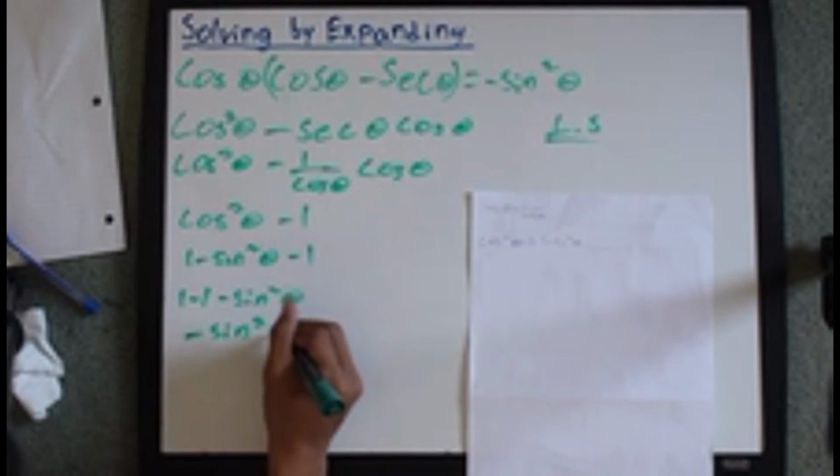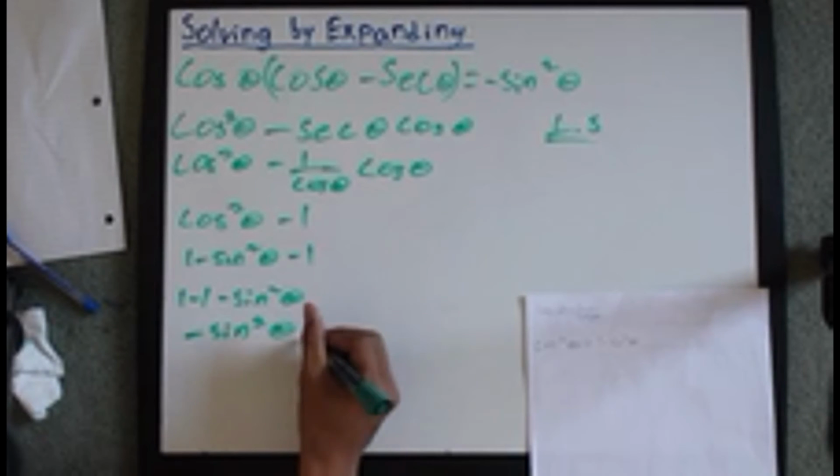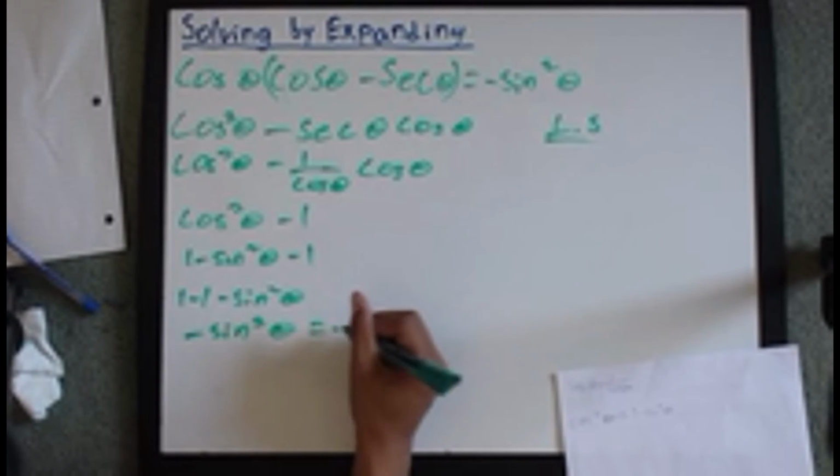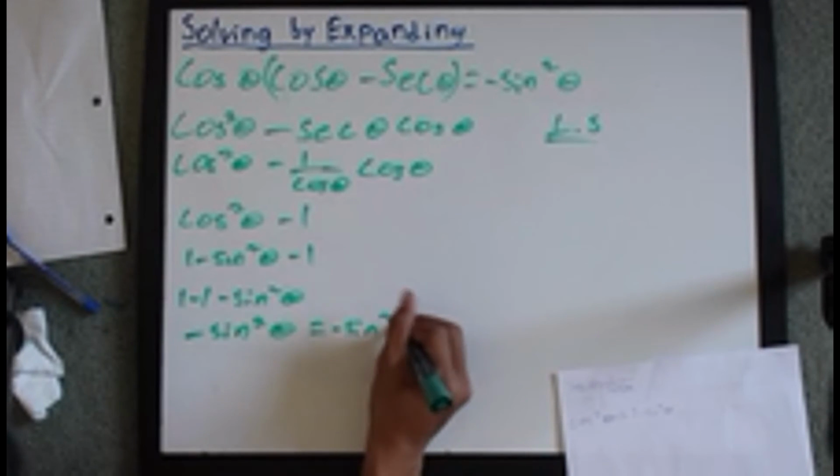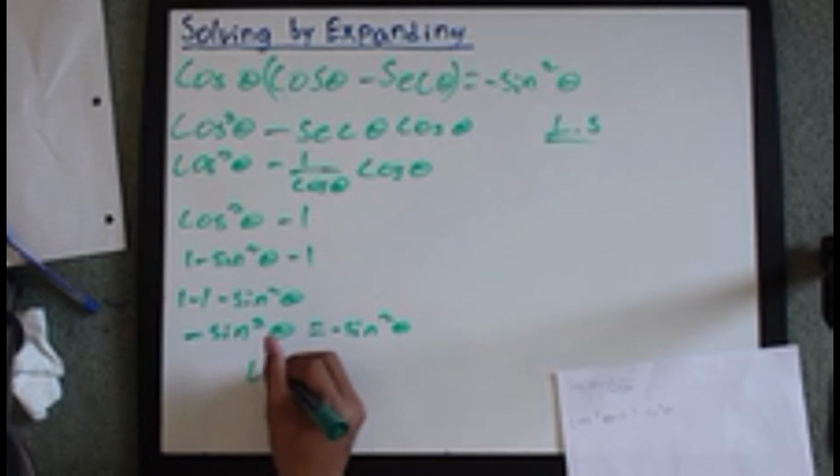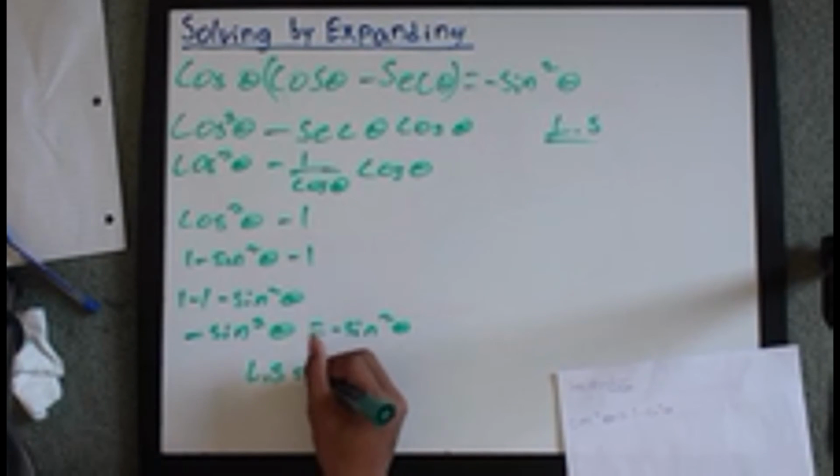So you just rearrange the equation. 1 minus 1, which is equal to 0, minus sine squared theta. So you're just left with negative sine squared theta, which is equal to negative sine squared theta. So the left side is equal to the right side.